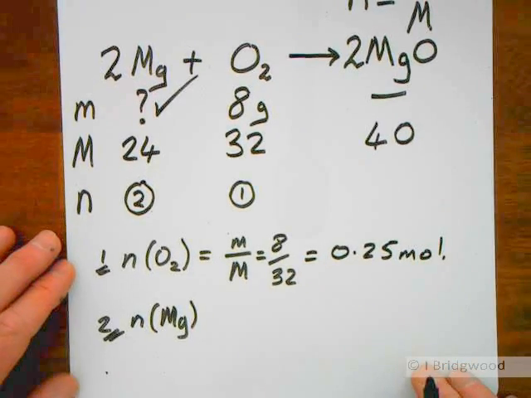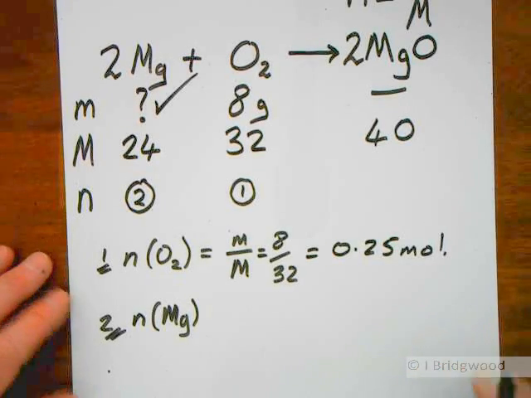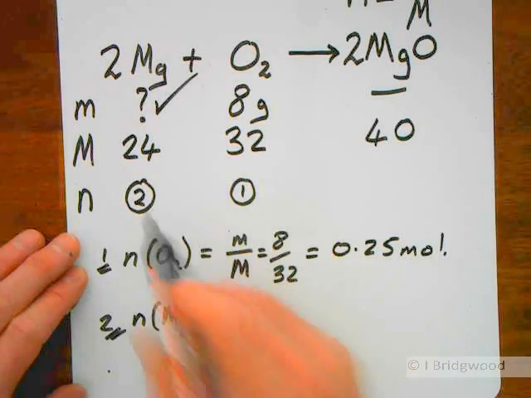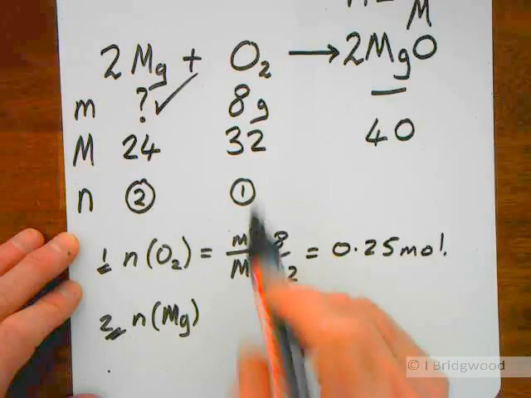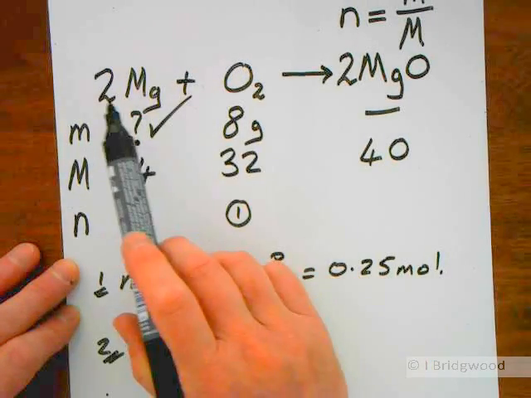Number of moles of magnesium is going to be twice the number of moles of oxygen, because we've got a 1 to 2 molar ratio.